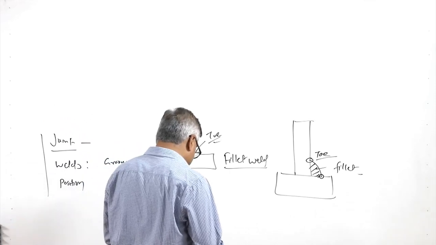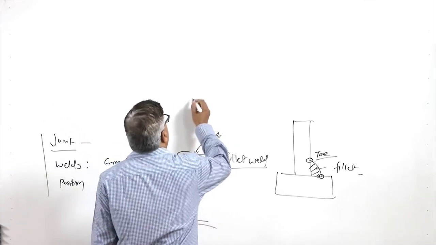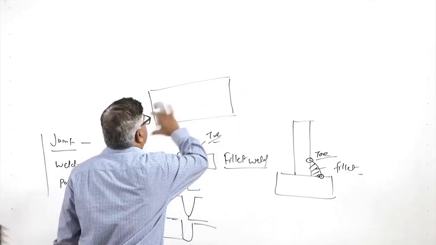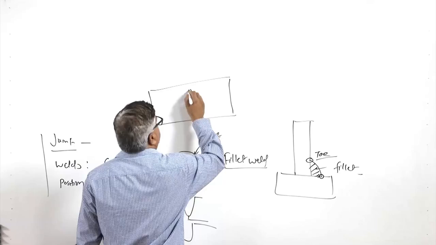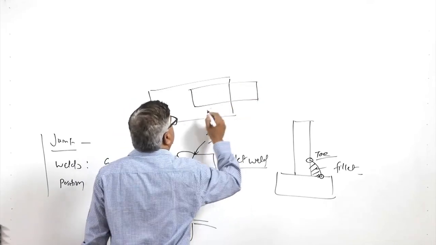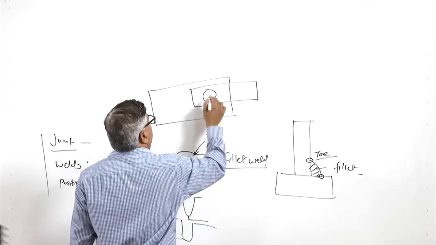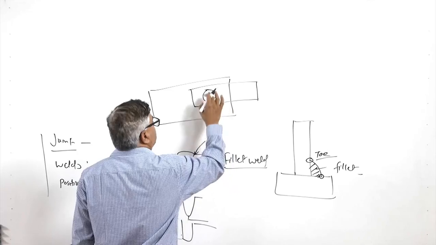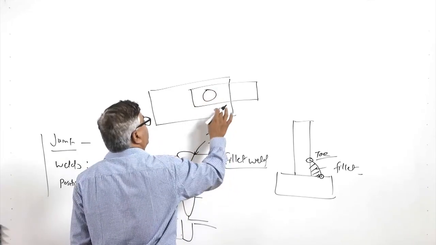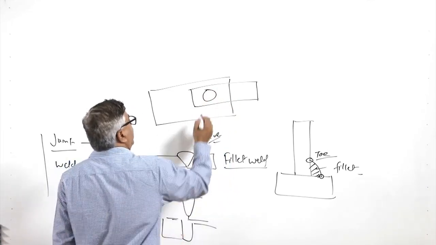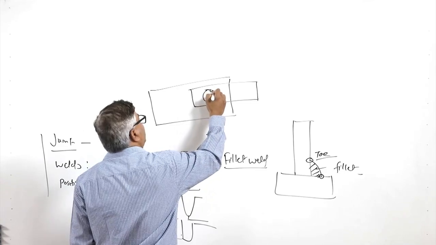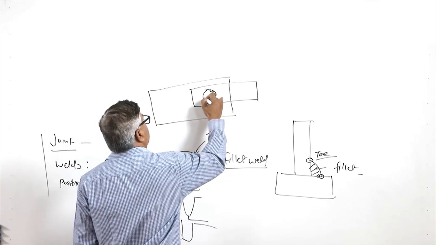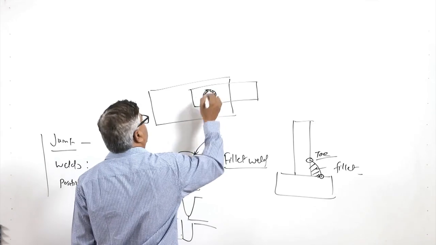Then there is another kind of arrangement. Like, in the top view, if we see the plate looking like this, then another plate to be joined is made like this. We can make one hole on the top plate, a through hole, and the plate is placed on the bottom plate, and then one continuous weld is made on the inner surface of the upper plate, so that the metallic connection between the top and bottom plate is achieved.